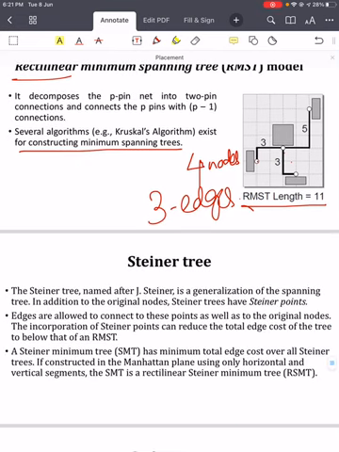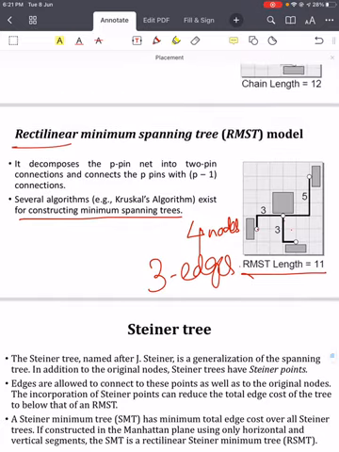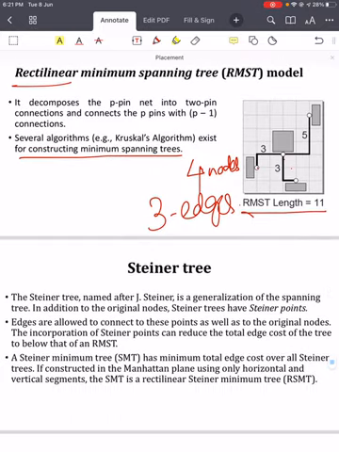Now in the Steiner tree, another optimization can be done. I mean, another generalization of getting the spanning tree can be done by considering the Steiner points in the spanning tree. Okay, so now we're going to discuss what is a Steiner tree. So Steiner tree is named after J. Steiner.